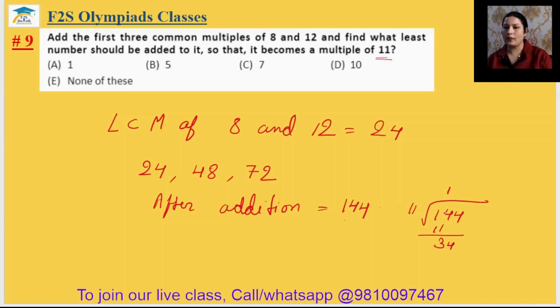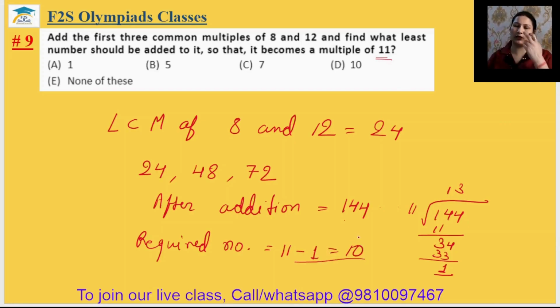Now 3, 4. 11 threes are 33. Remainder 1. So the required number is 11 minus 1, that is 10. If you add 10 to it, it will be divided by 11. The ninth answer is option D.